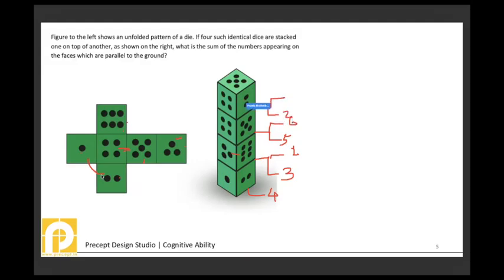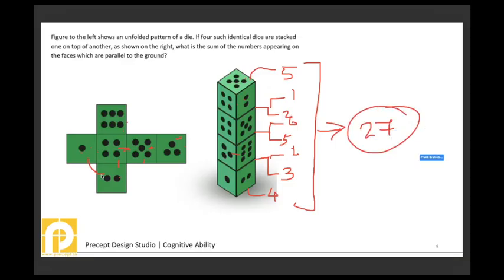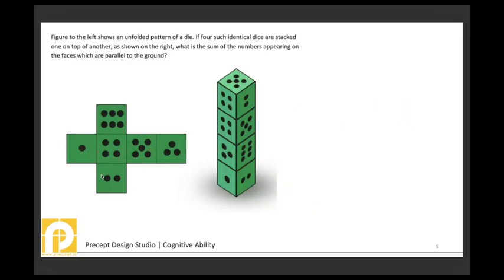Next we have 2 and 4, they come together here. Top is 6, top is 5, bottom is 1. So 5 is already on top here, so this will be 1. When you add all of this together, the total answer will be 27, which is the right answer here. Okay, we'll move to the next one.